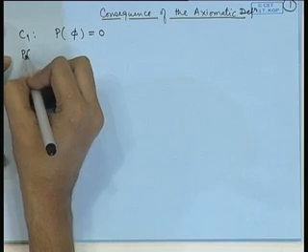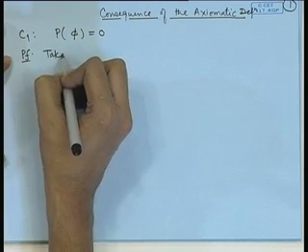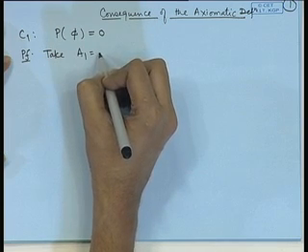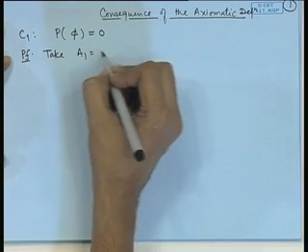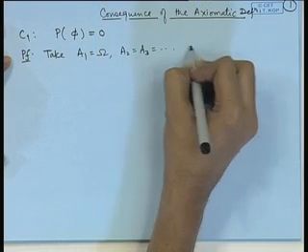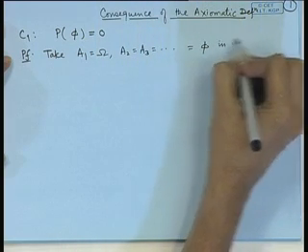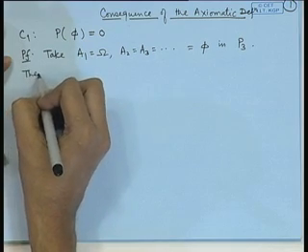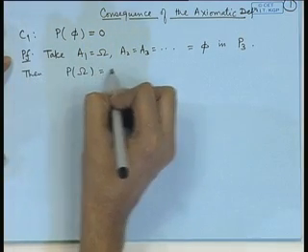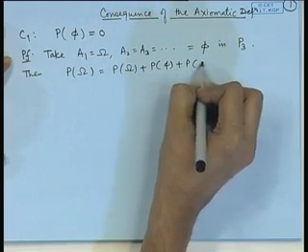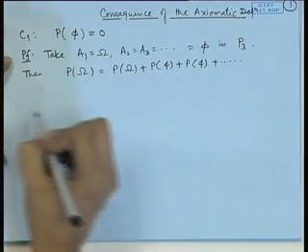To prove this statement, let us take A1 equal to omega and A2, A3, etc. to be phi in axiom P3. Then we will get probability of omega is equal to probability of omega plus probability of phi plus probability of phi plus probability of phi, etc.